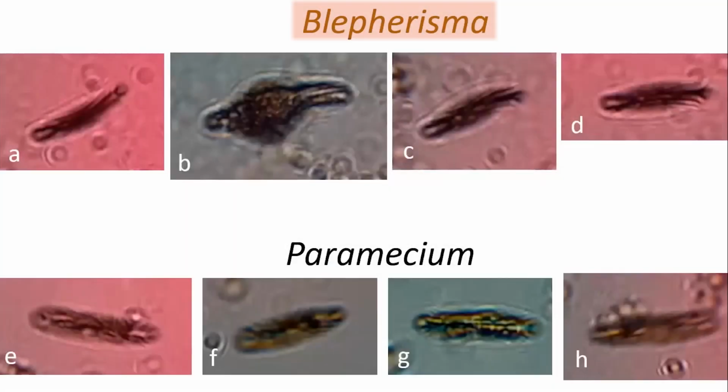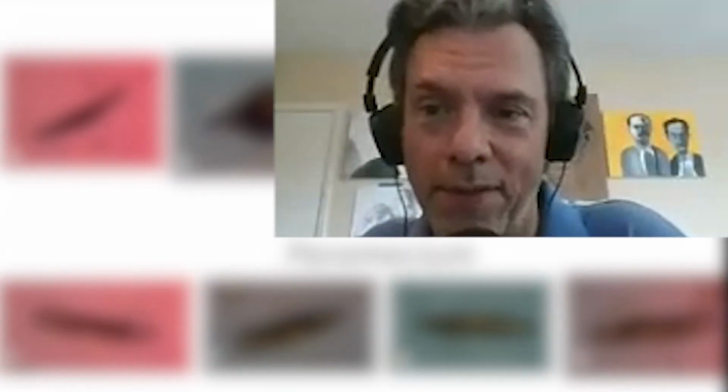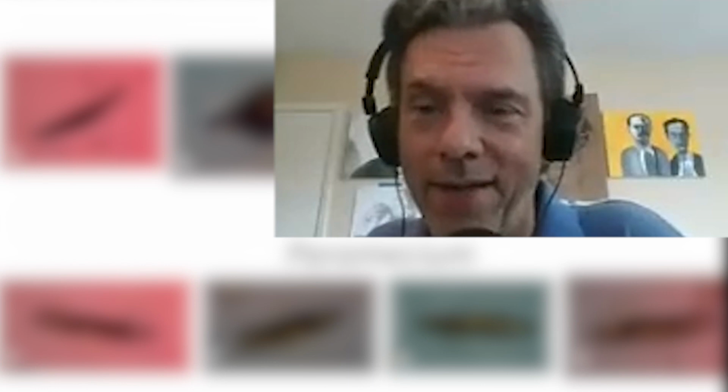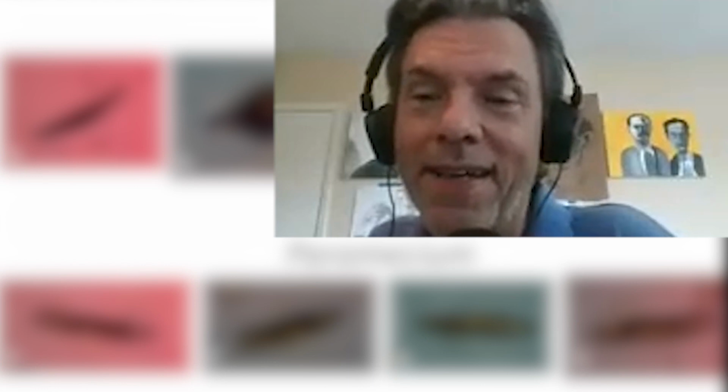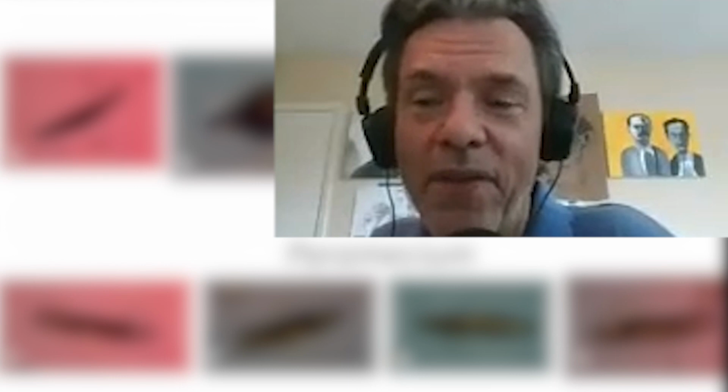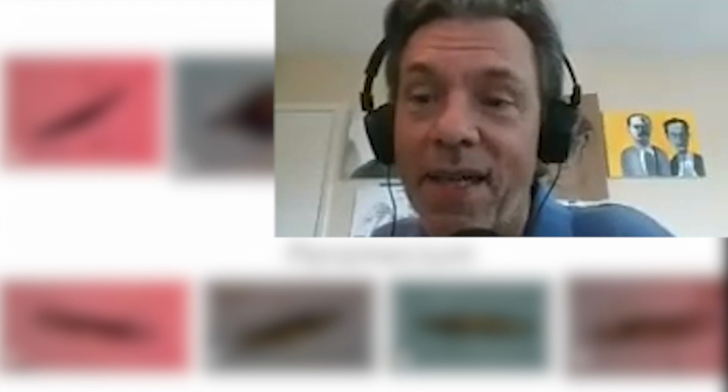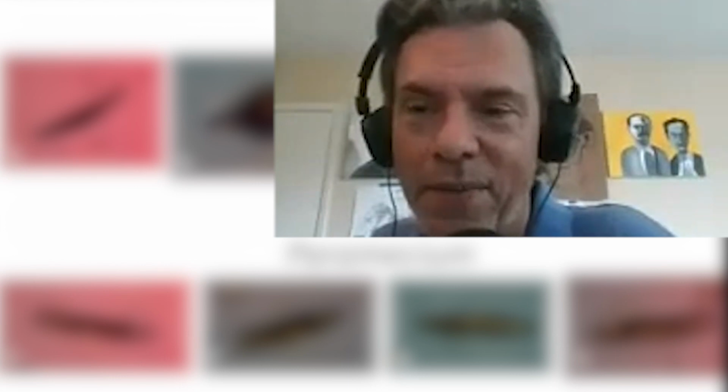So let's look at the training set. The top is blepharisma and the bottom is paramecium. You own the best machine learning algorithm in the world. It's called your brain. So basically, a rule of thumb is if you can't figure something out with your eyes, it's going to be hard to make a machine learning algorithm to do it.